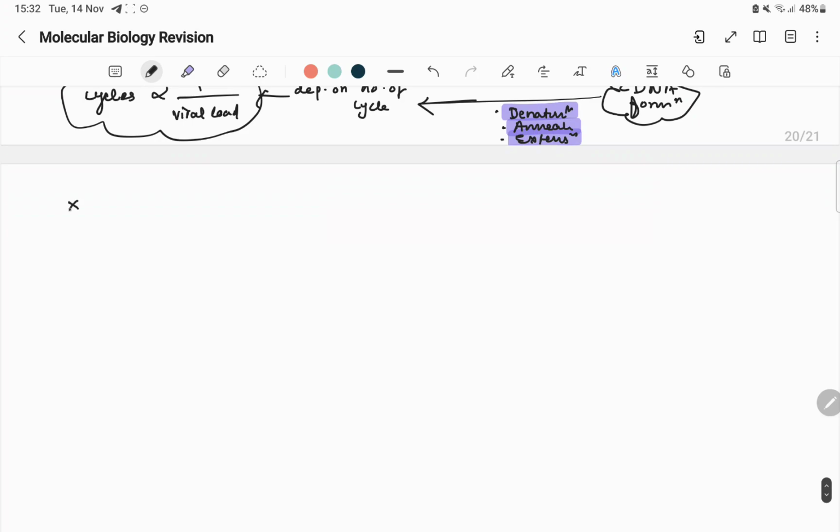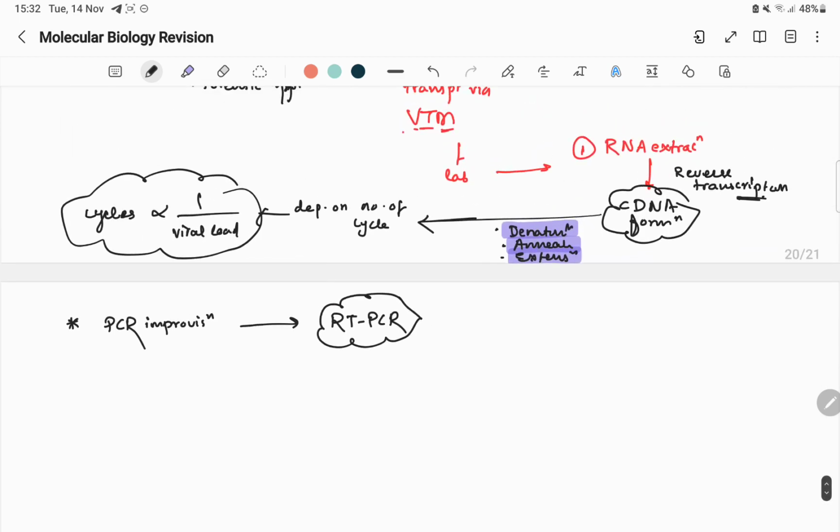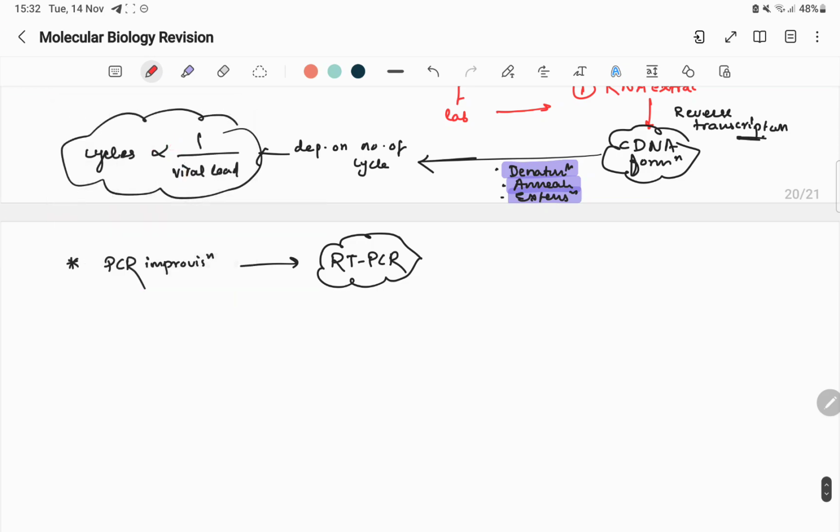Then we have an improvisation of this PCR, which is called real-time PCR, RT-PCR. RT-PCR was a common term during the COVID times. You must have seen people checking their RT-PCR reports.